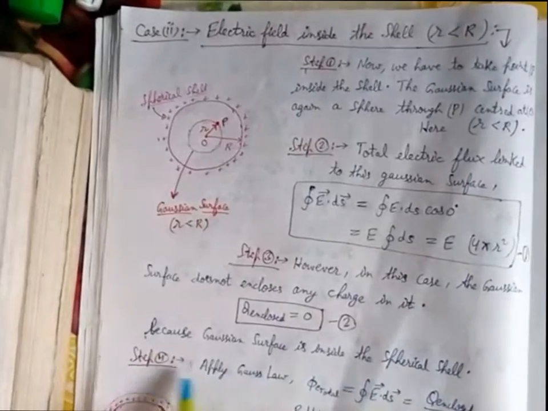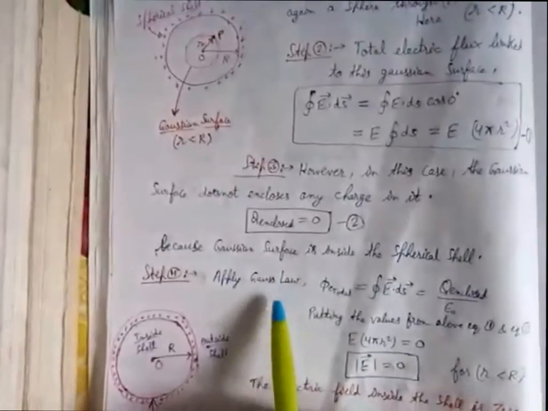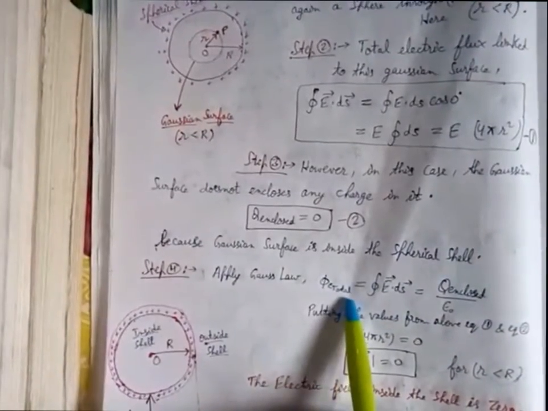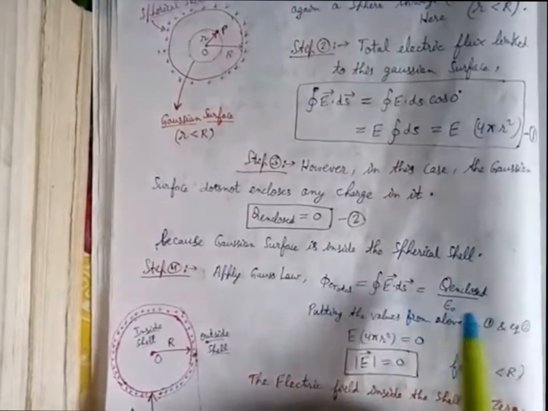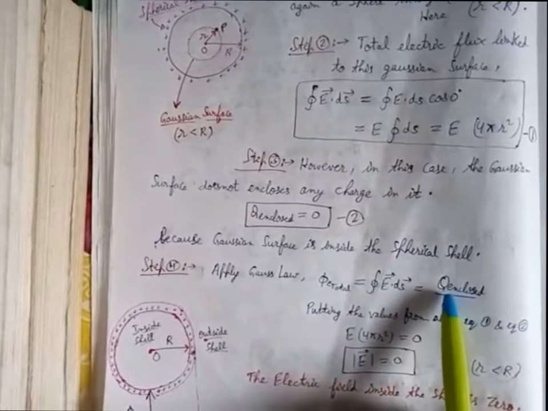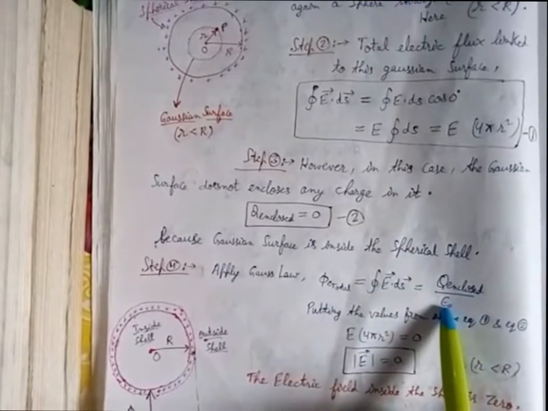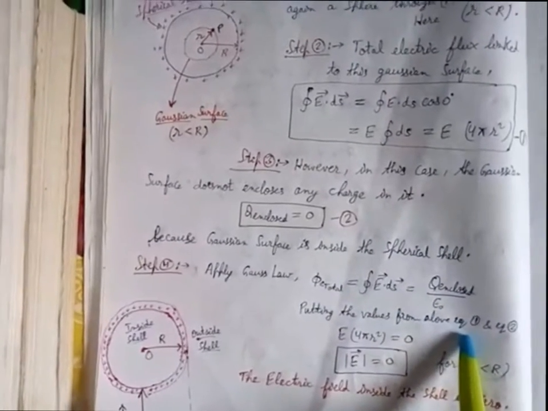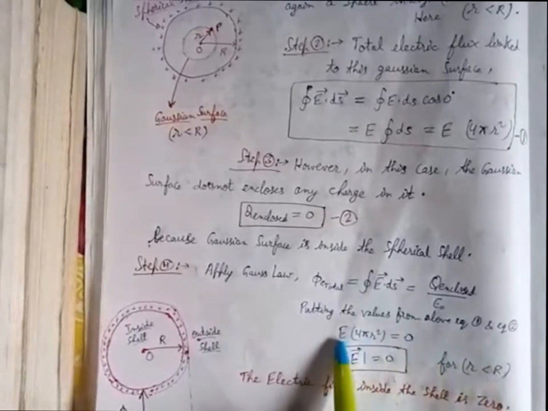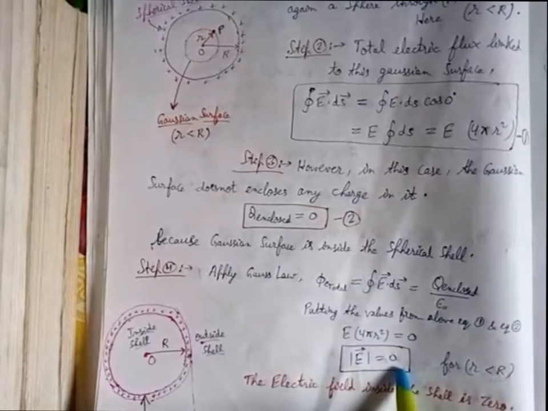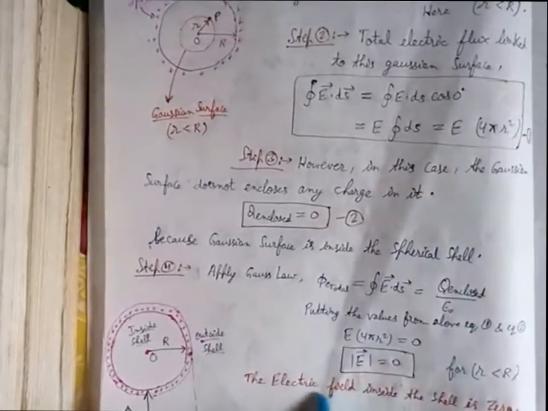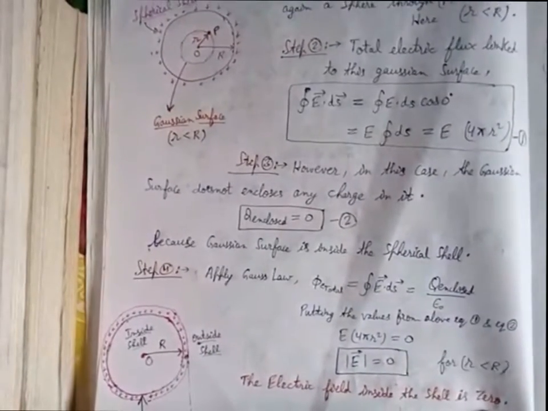Now in step 4 we will apply the Gauss law, that is phi E total electric flux equals to closed integral E dot ds is equals to charge enclosed upon epsilon naught. Putting the value from equation 1 and 2, we are getting E electric field as 0. So electric field inside the shell is 0.